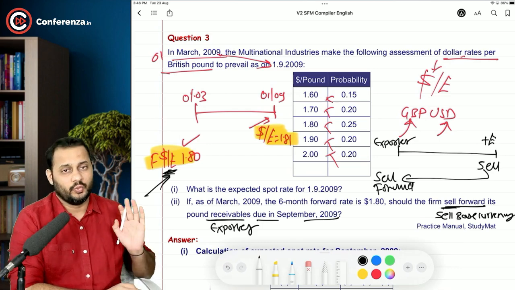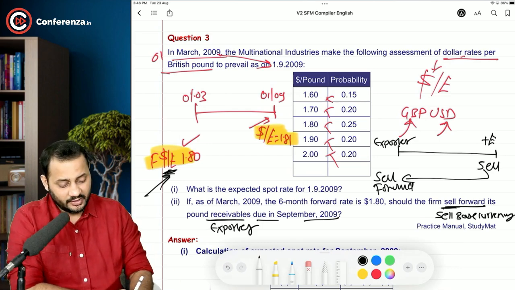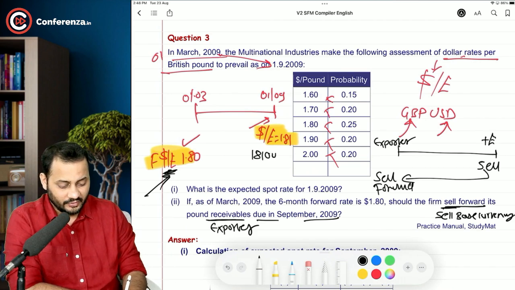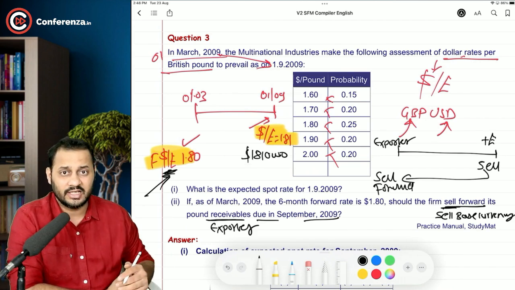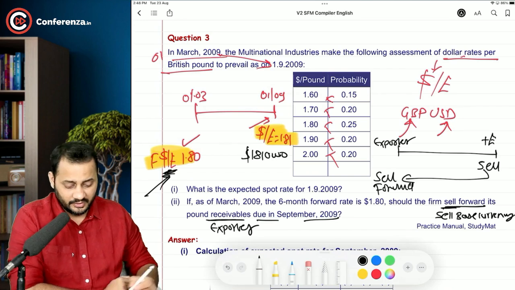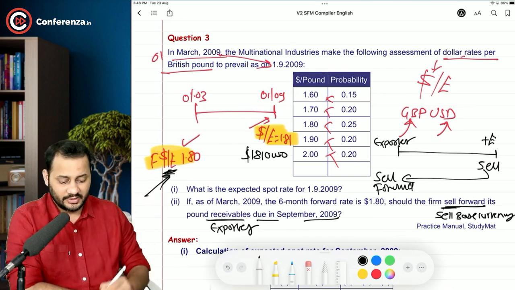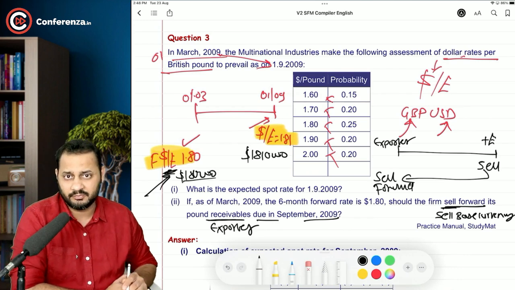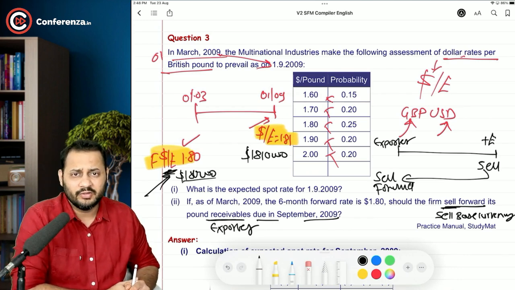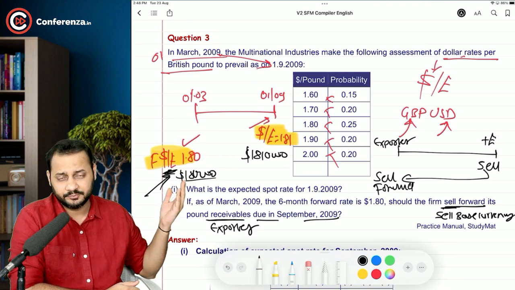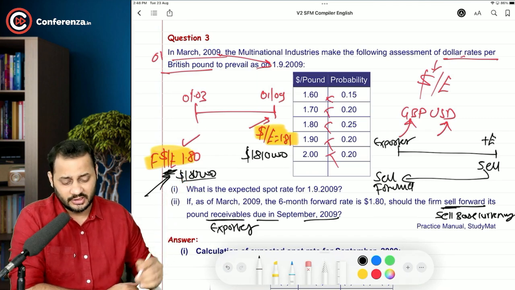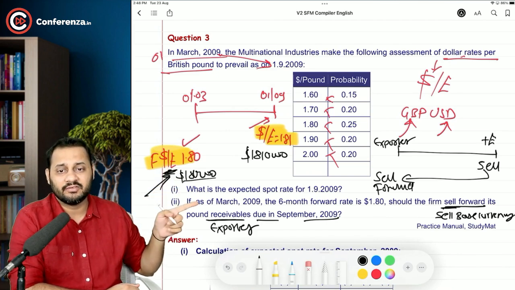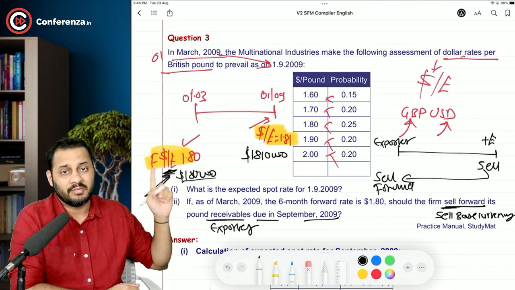Mathematically speaking, no. Since after converting at the 1.81 spot rate, we will receive $1,81,000 as against 1 lakh pounds. But if we enter into a forward contract, we will receive only $1,80,000 as against 1 lakh pounds. And nobody wants to receive less of the currency. So mathematically, it's better to not hedge your pound receivable in the forward market.